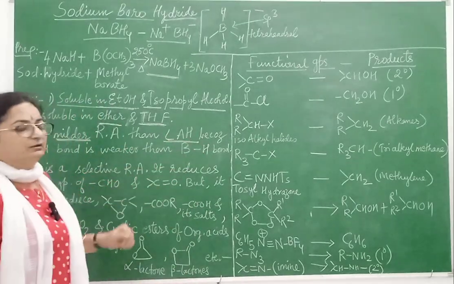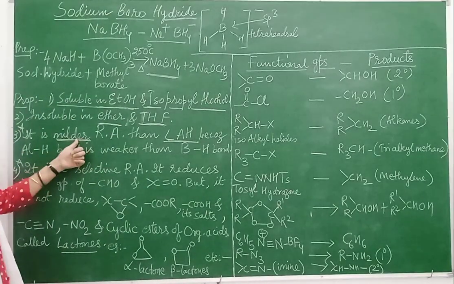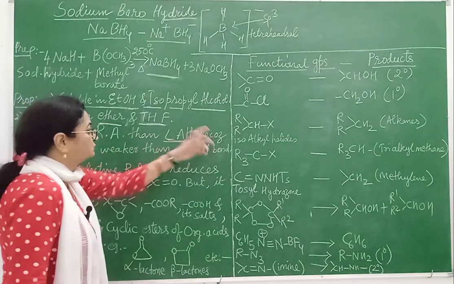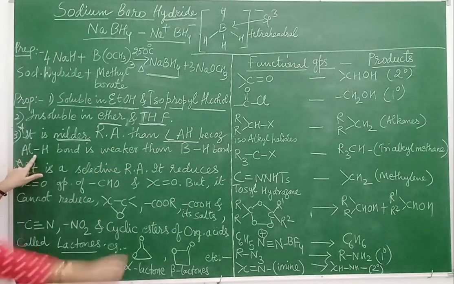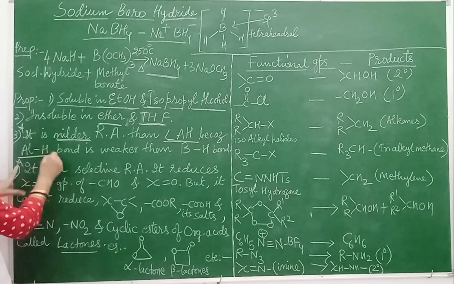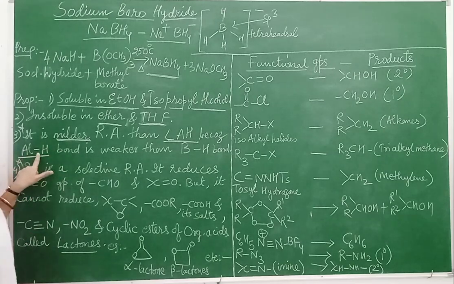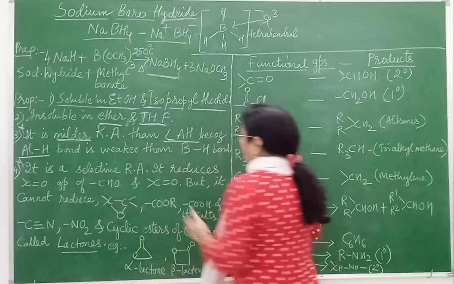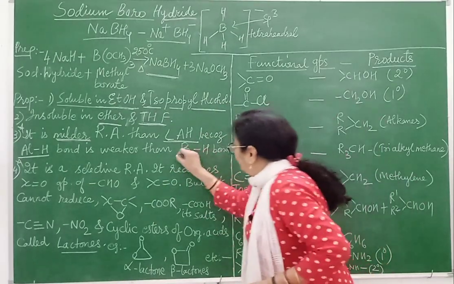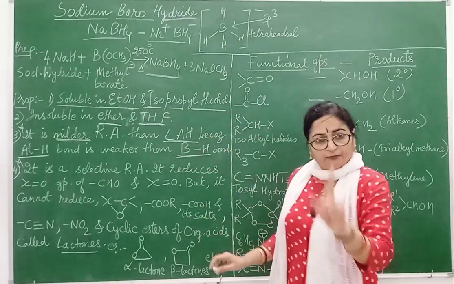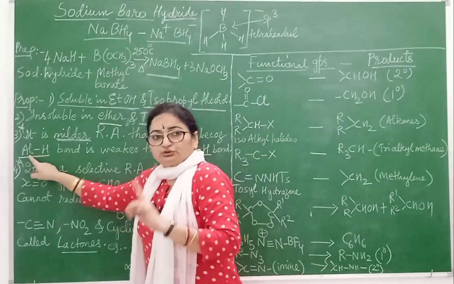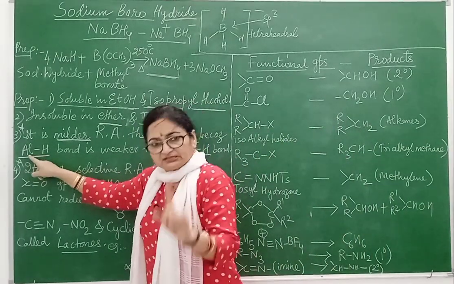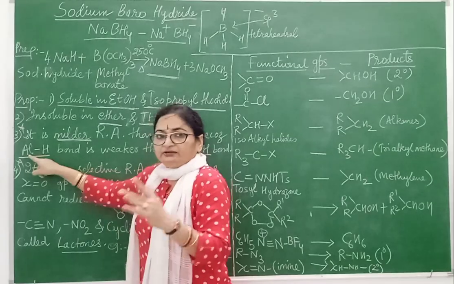Now let's see the reason why sodium borohydride is weaker and lithium aluminum hydride is stronger. In lithium aluminum hydride, an Al-H bond is present, and in sodium borohydride a B-H bond is present. We all know aluminium belongs to the third period, its atomic number is 13, configuration 2, 8, 3.